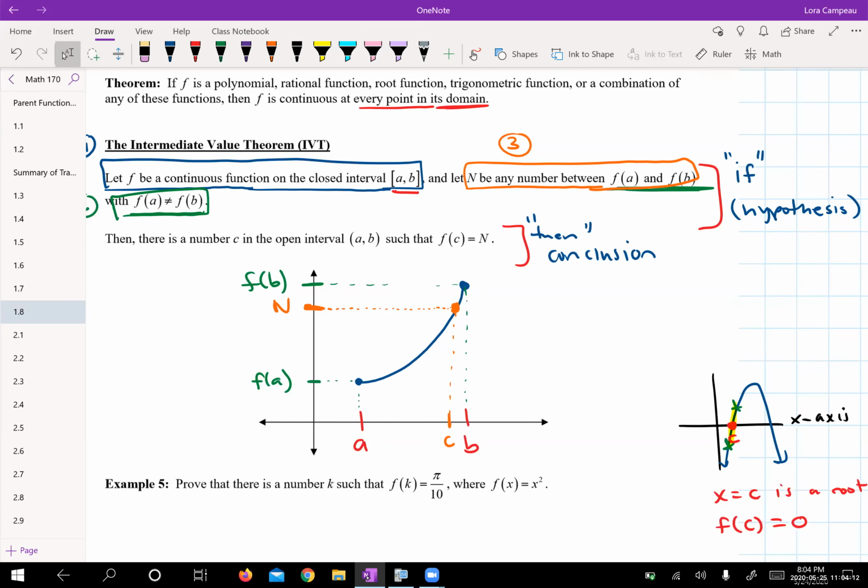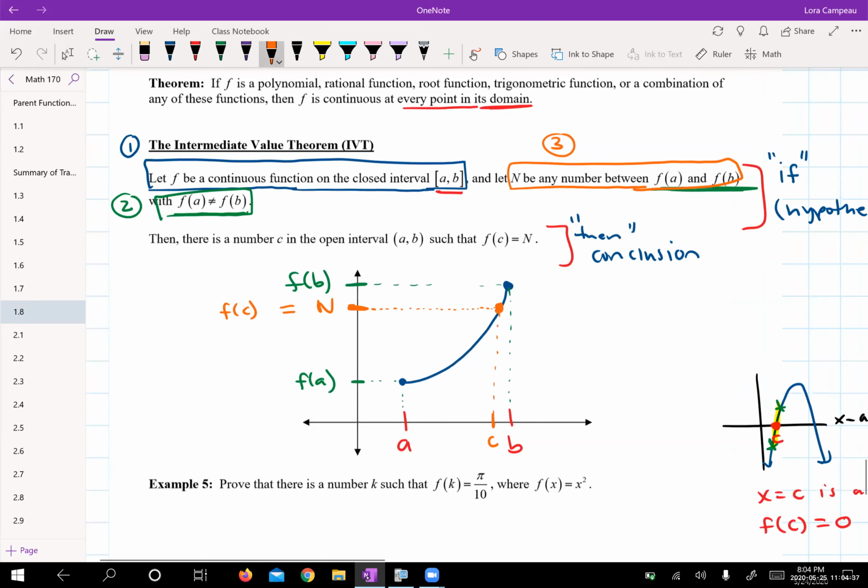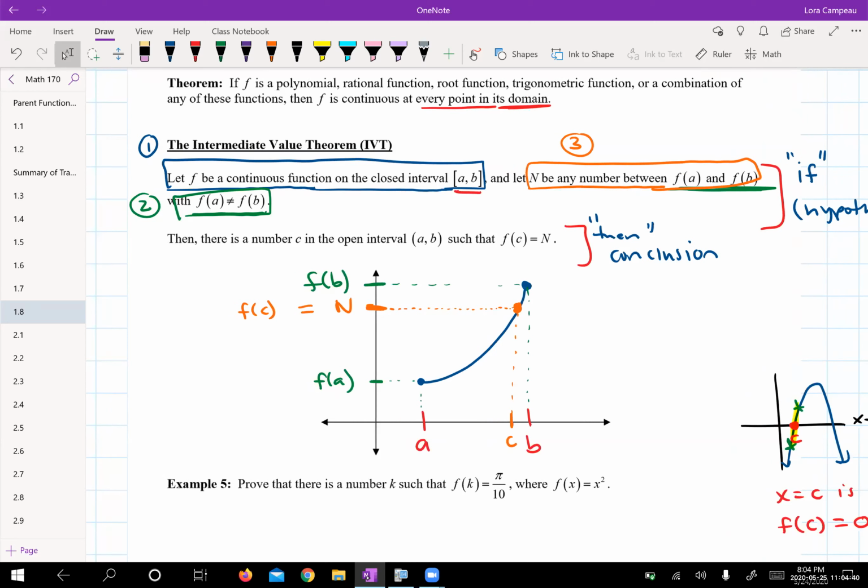So one more time, if I can reiterate, we're looking at trying to show that the function evaluated at C is equal to this value. So if you have a value in between f of A and f of B, as long as your function meets the 3 criteria, or continuous on the closed interval, what's supposed to happen is that function evaluated at C, oh, what am I doing?